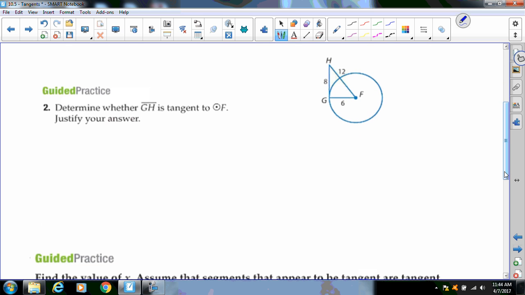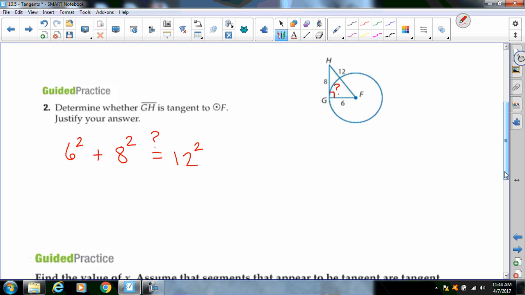So this says determine whether GH is tangent to circle F. If this is a tangent, then at point G that has to be a right angle, because FG is a radius. So I need to know, is that a right triangle? Recall, the way we know is we see if those sides satisfy the Pythagorean theorem.